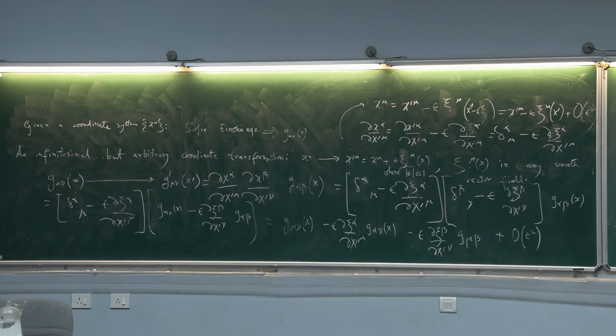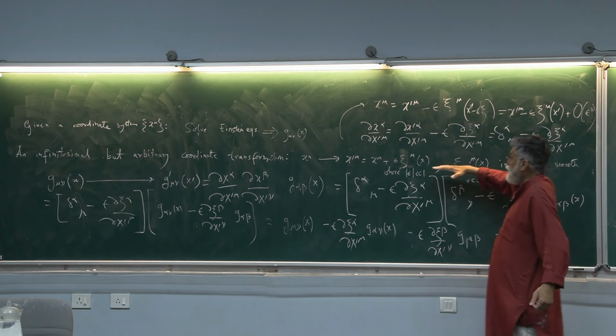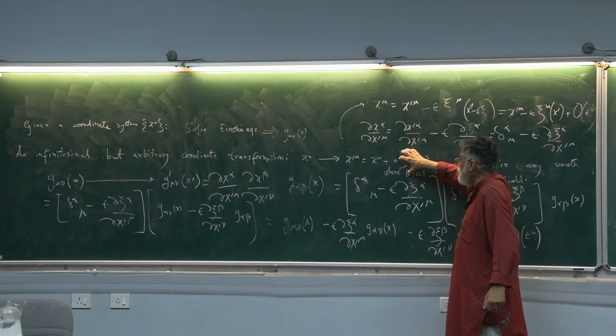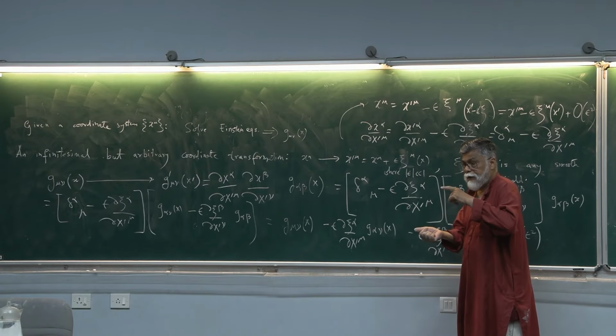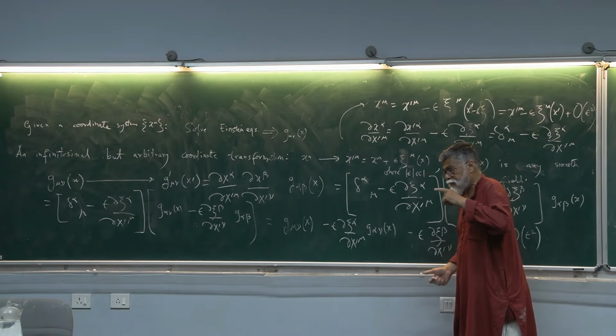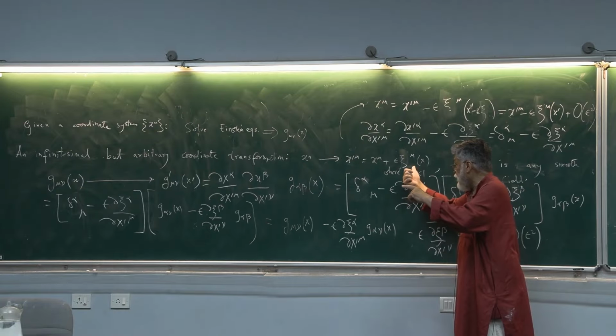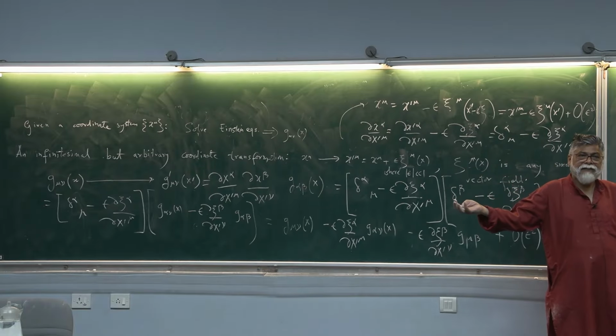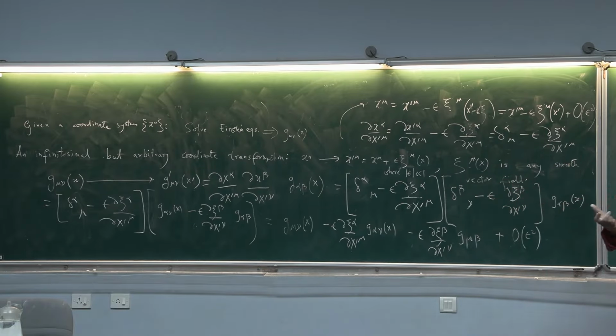That means what I want is that if there is a symmetry, if in this coordinate system there is a vector field xi mu, when you do a space-time translation generated by this vector field xi mu, if it is generating a symmetry, then the new metric as a function must be identical with the old metric as a function.